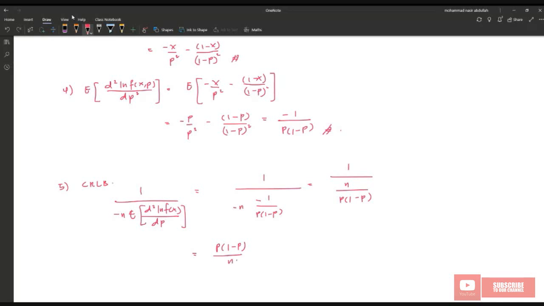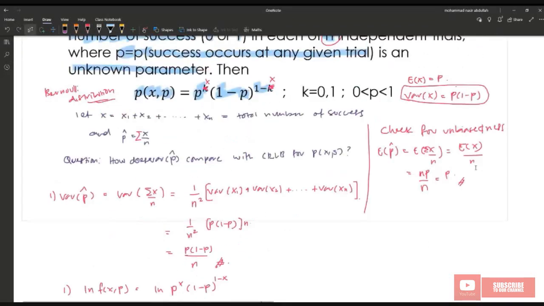So this is the Cramér-Rao lower bound, is equal to P 1 minus P divided by n. So we know that from the first equation we did earlier, the variance of P hat is equal to P 1 minus P divided by n.